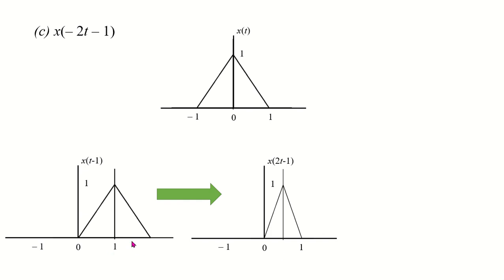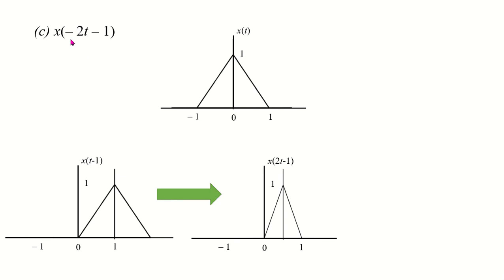So this point, which was occurring at 1, will now be at the location half, while this extreme, which was initially at 2, will now appear at 1. So this waveform has been compressed by a factor of 2, and what we get is the signal x(2t - 1). So after shifting and compressing, the signal we obtain is x(2t - 1).